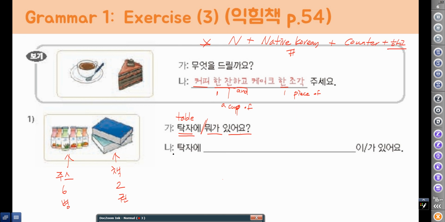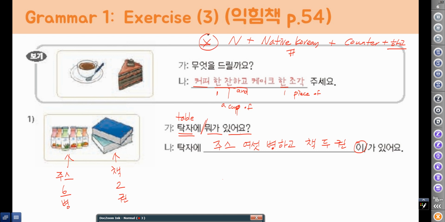Okay, so 탁자에 뭐가 있어요? Noun first. 주스. How many? 6. Counter, 병. N하고 book. 책. How many? 2. Volume. 책 2권이 있어요. 탁자에 주스 6병하고 책 2권이 있어요.